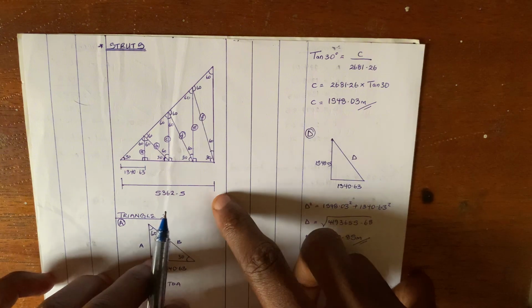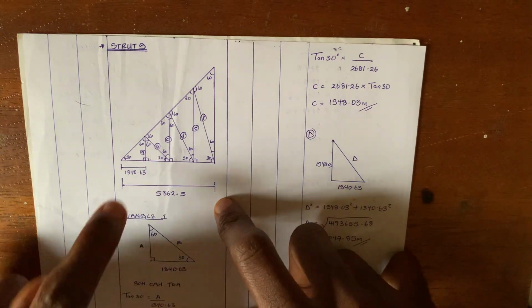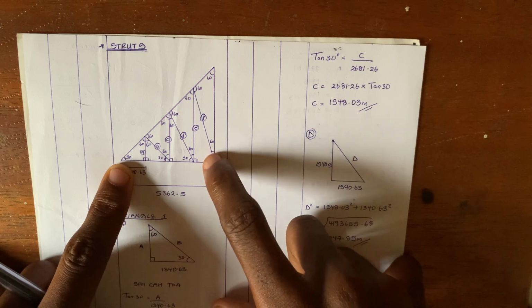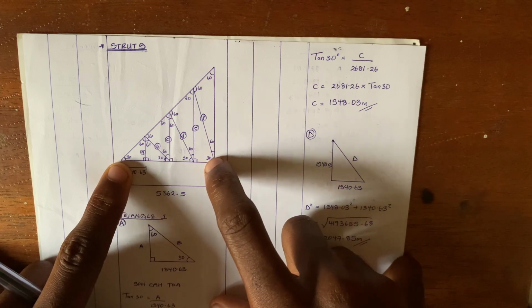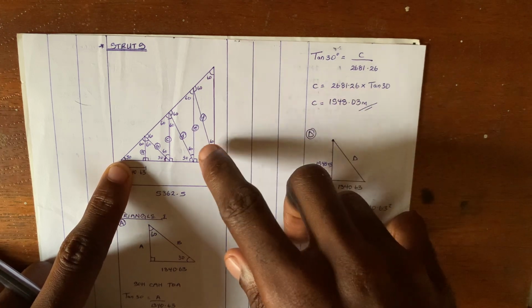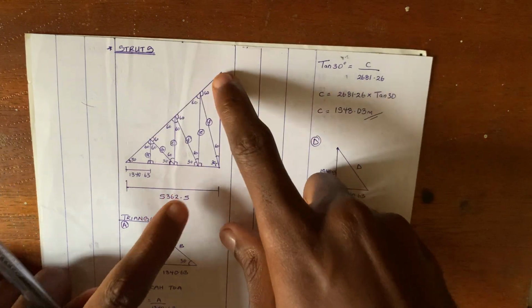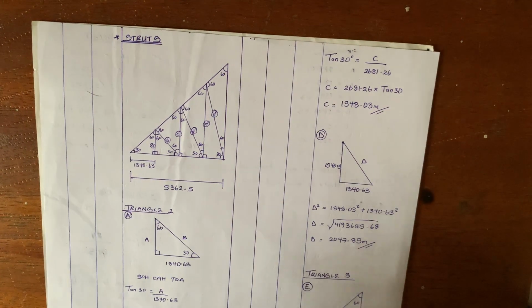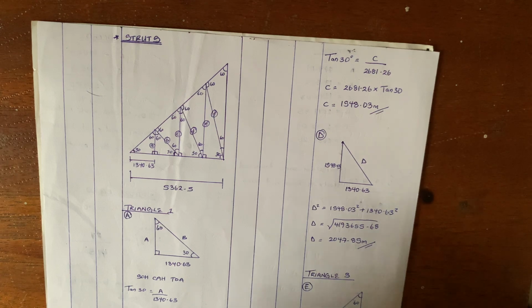So now that we have 30, whatever we have here would be what? 90 degrees. If 30 plus 90 plus x would give me what? 180 degrees. That's sum of angles in the triangle is equal to 180.